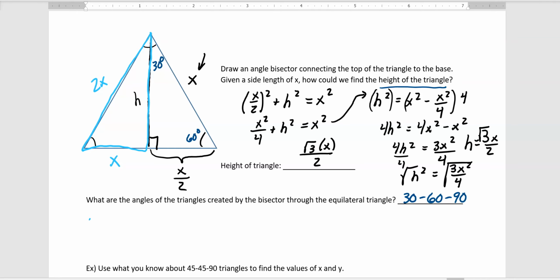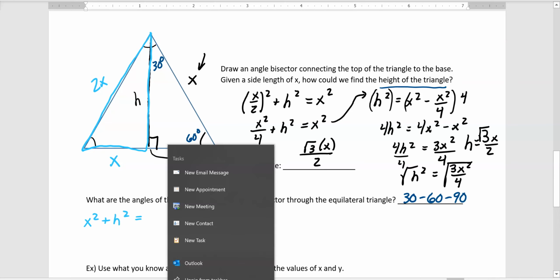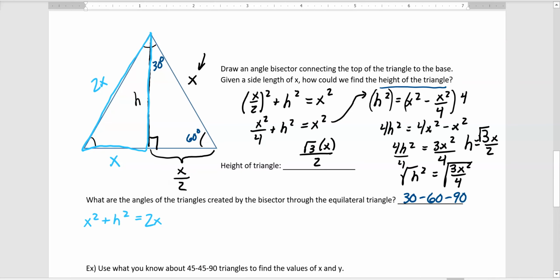Let's say we have x squared plus h squared equals 2x squared. So that means that x squared plus h squared equals 4x squared, all right? When we square the 2 and the x, I subtract x squared from both, so I have h squared equals 3x squared, which when I take the square root of, I have h equals x times the square root of 3.